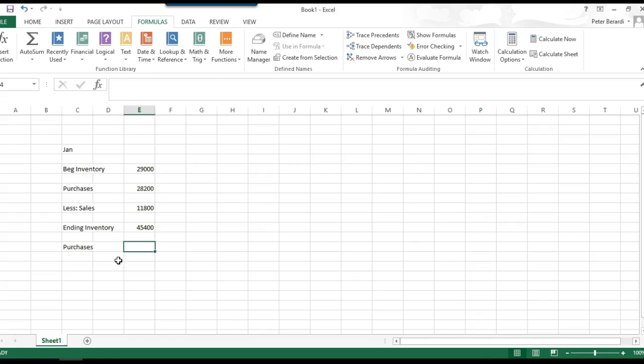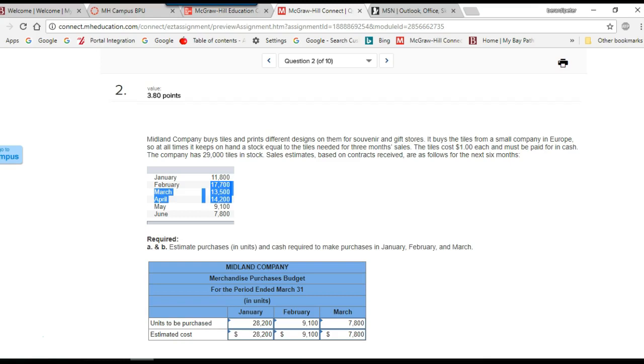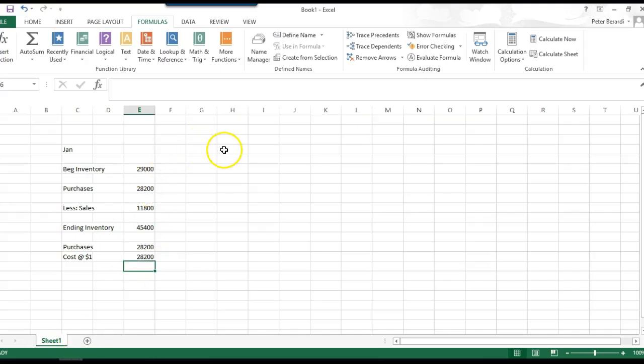So our purchases for January will be 28,200, and the cost at $1 per unit equals 1 times purchases of units. Now on to February.